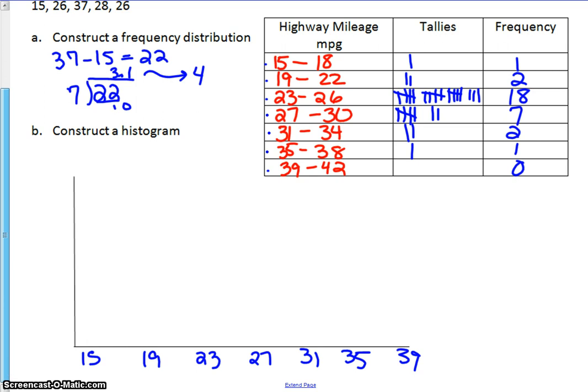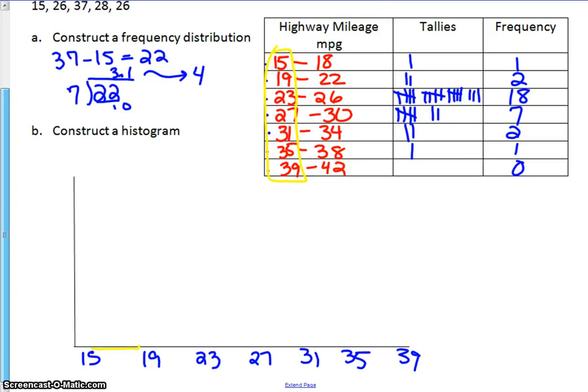If you notice, what I'm writing down are the first numbers, because I don't want to write down 15 to 18 and then 19. What's in this little category right here is 15 right up to 19, but not quite 19. I just wanted to emphasize that.